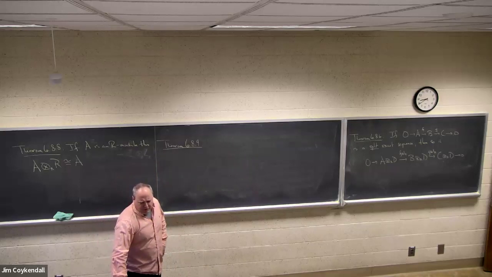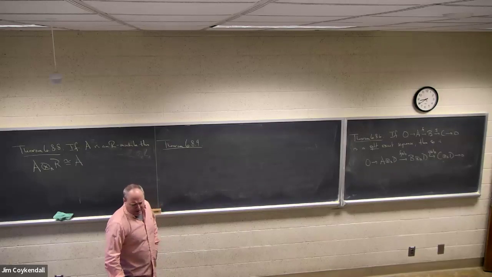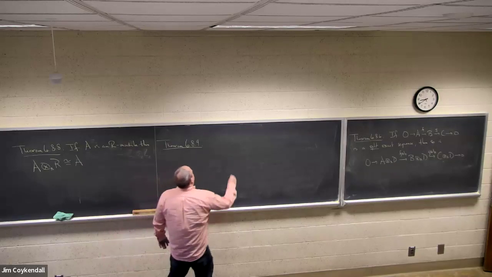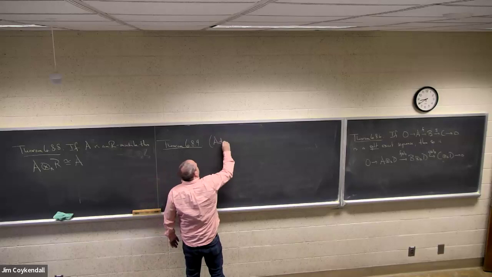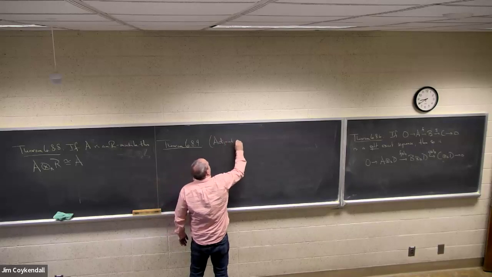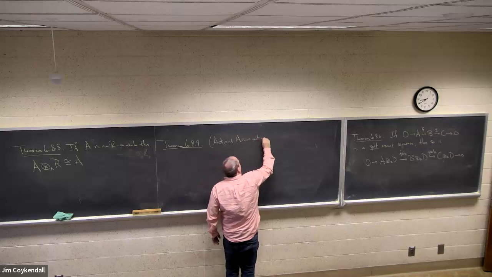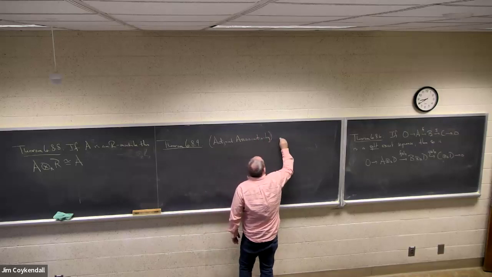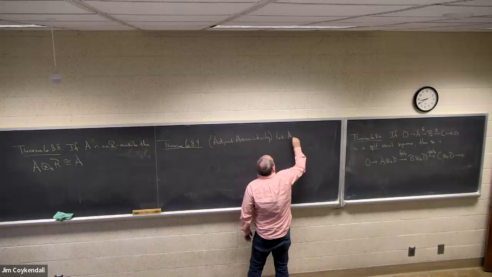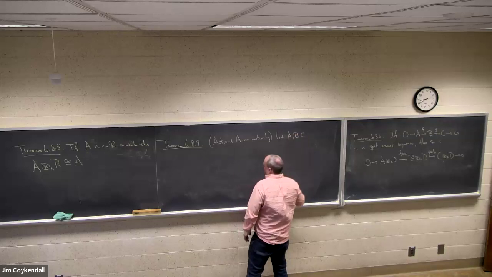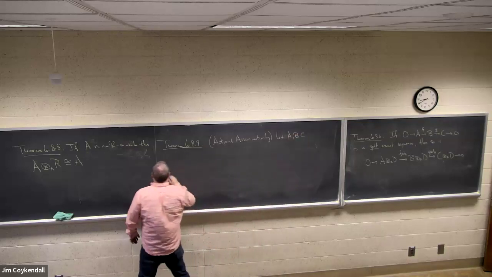There's a more general version of this, but again, I'm just doing the commutative R modules. It's called adjoint associativity. Let A, B, C be R modules.